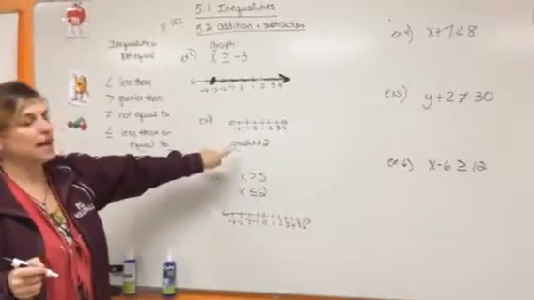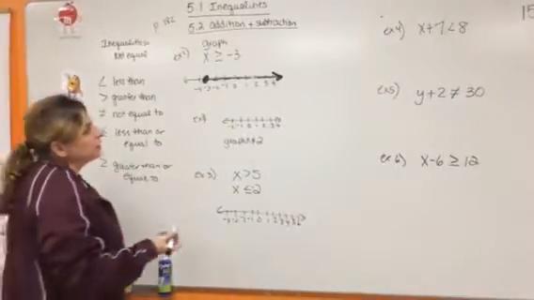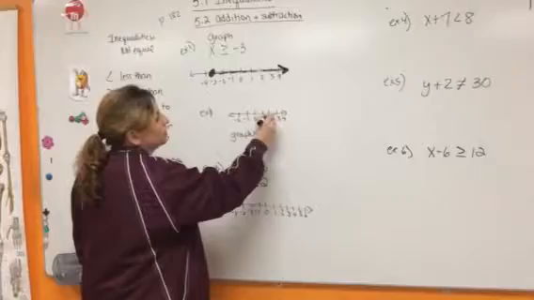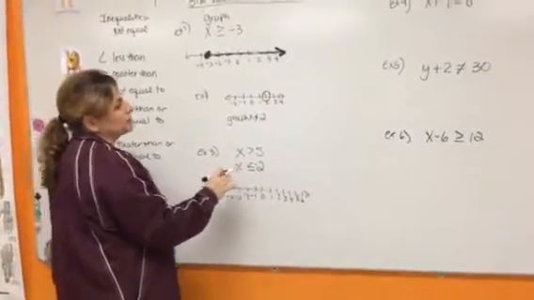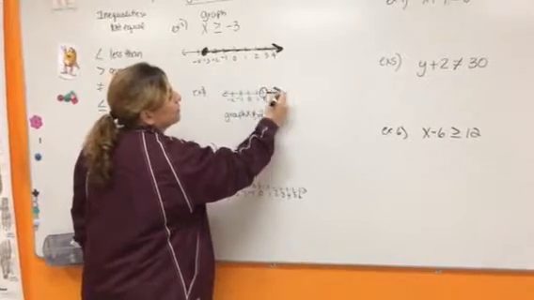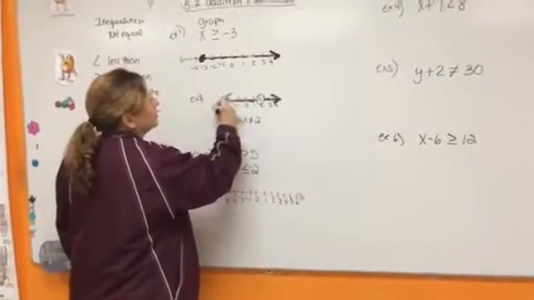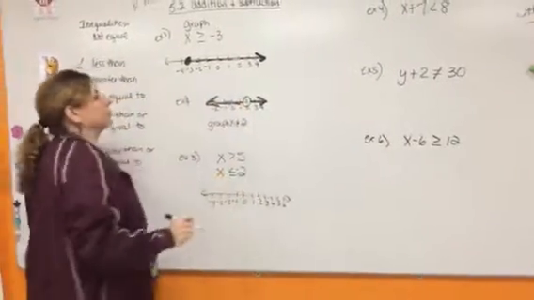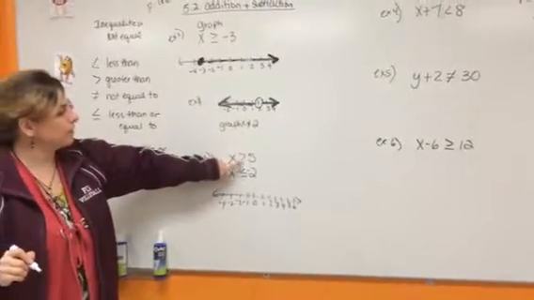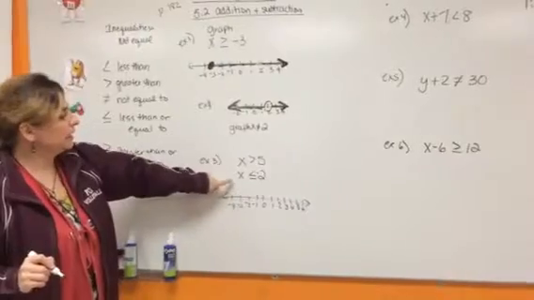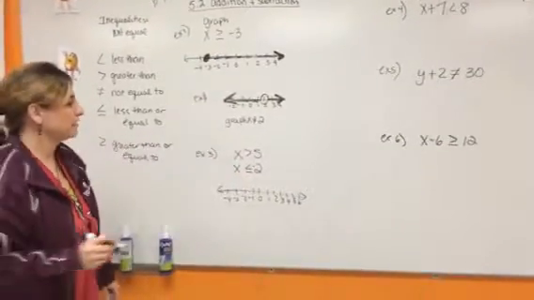Down here it says graph x is not equal to 2. So we're going to put a circle at 2. If it's not equal to 2, that means it's equal to everything but 2. So we're going to color this way, and we're going to color this way, but you don't color in the 2. Down here we have 2 things. X is greater than 5, and x is less than or equal to -2.